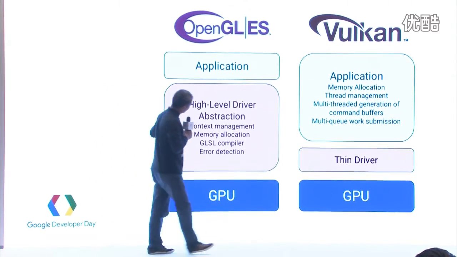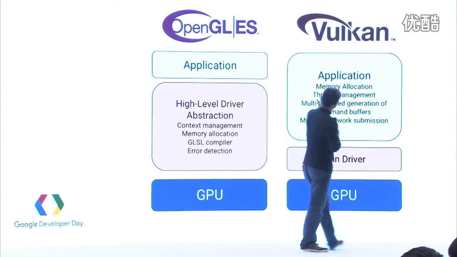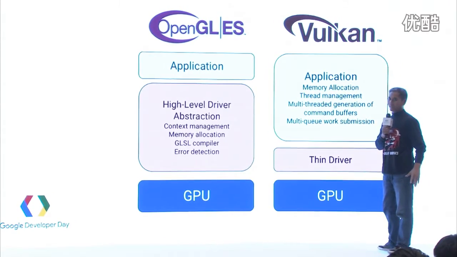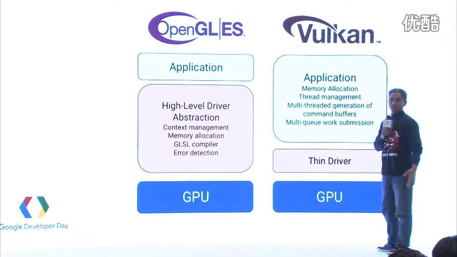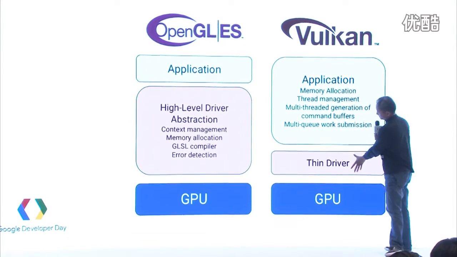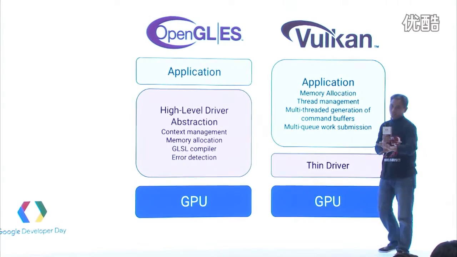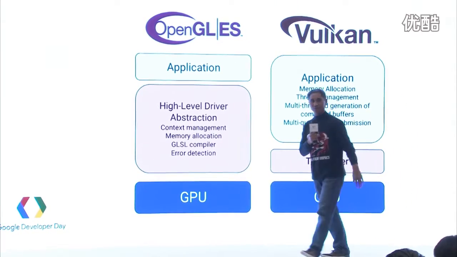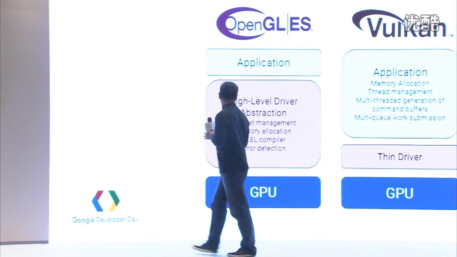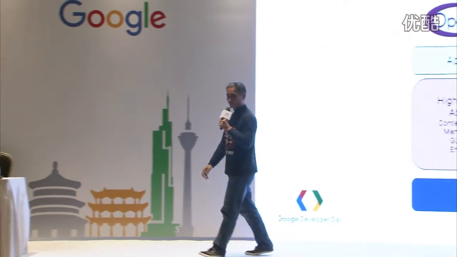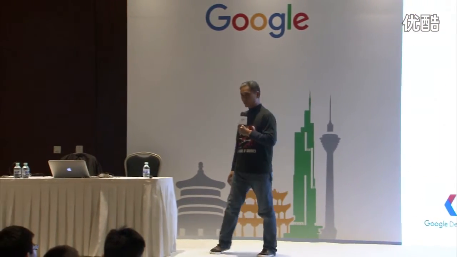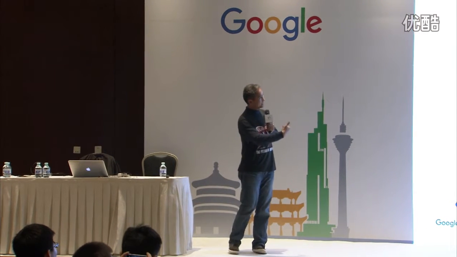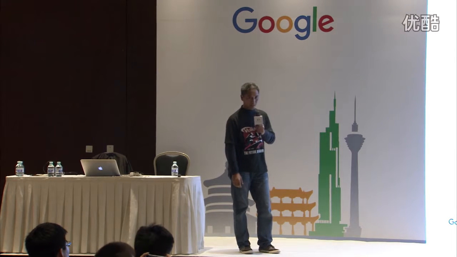Now all of this is pushed over to the application world. So you really have the power to do whatever you want, basically. The layer here is very thin. Basically, it's just a wrapper for the underlying hardware. So the rest is all yours. So you can really get every single cycle from the GPU with these explicit APIs.